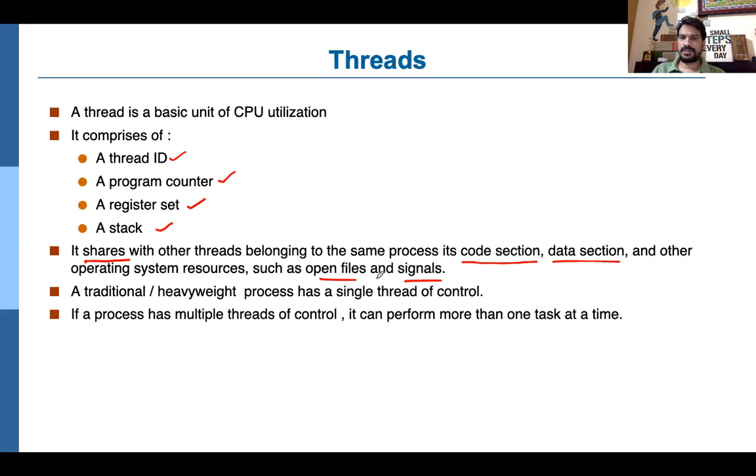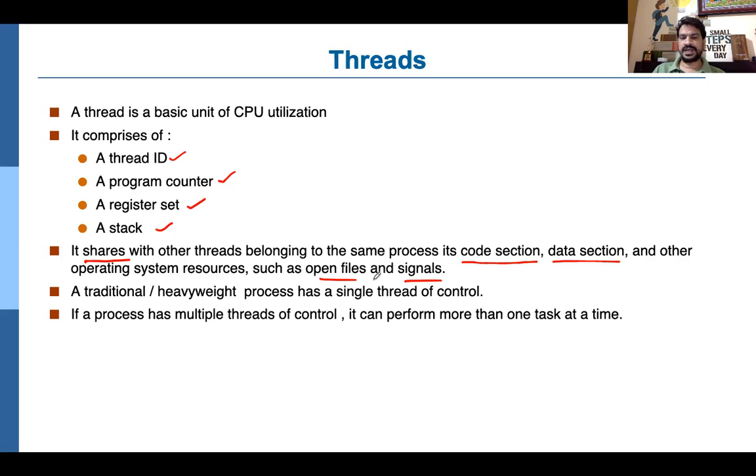There is a mapping between all those things. Now, if I say a process has all those things, right? It has its code section, its data section, its stack, its registers, its program counter, its ID, its open files, its open signals. All those things are there.